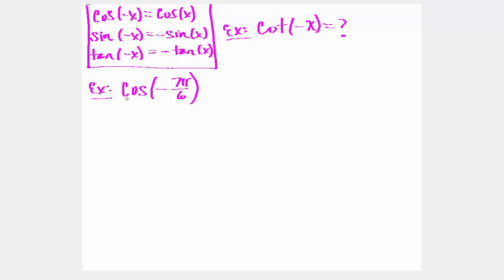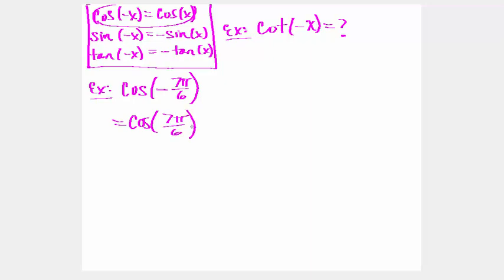So the first over here being, what is the cosine of negative 7 pi over 6? Now, if you're getting good with the unit circle, it doesn't take much to find that answer as the x-coordinate of the arc of length negative 7 pi over 6. But let's see if we can apply the symmetry to this. If the cosine of negative 7 pi over 6 is what we want, and we know the identity for cosine is that when you input a negative x input arc, the output is no different than if it were a positive input arc, we can say that the cosine of negative 7 pi over 6 would be equal to the cosine of positive 7 pi over 6.